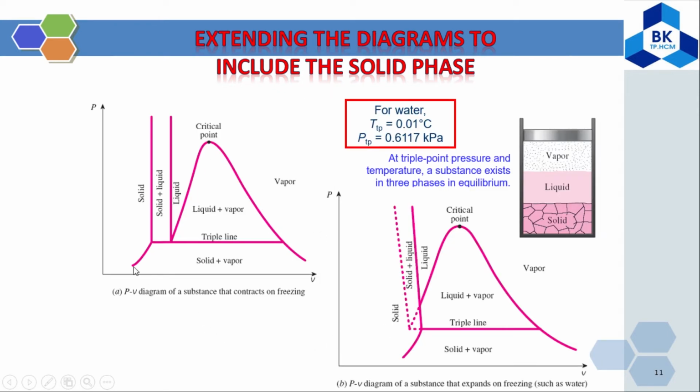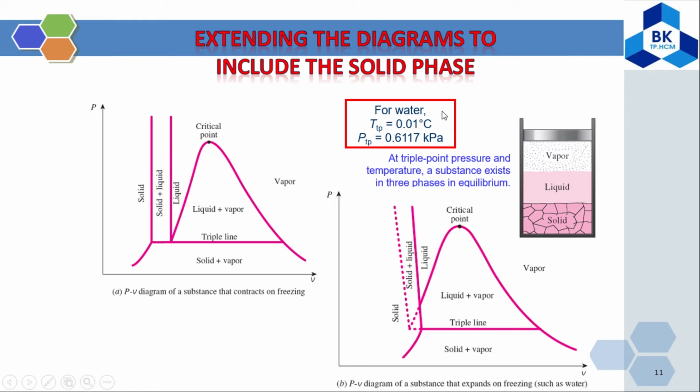And if you include the solid in the diagram, you can see that this one is solid, this one is solid and liquid, and this one is liquid. This one is liquid and vapor, and this one is the vapor. And this line we call the triple line. That means it separates into the solid, liquid, and the vapor.